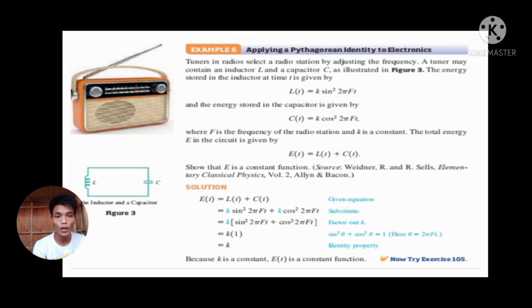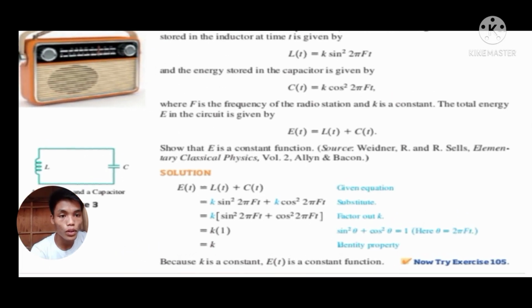So it's equal to K. Therefore, what we are going to talk about here is the identity property, because K is a constant and E, the total energy as a function of time, is a constant function. That is why we have the identity property.